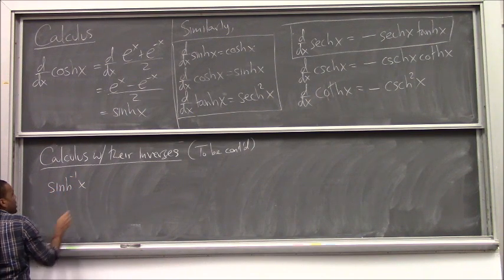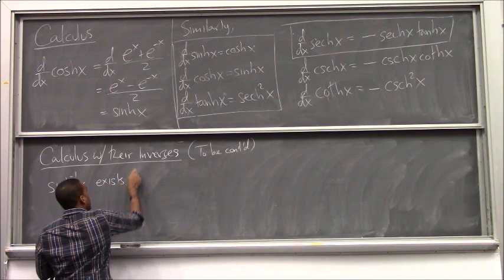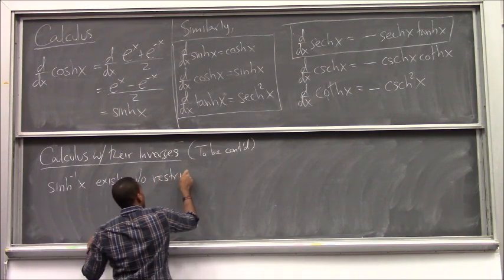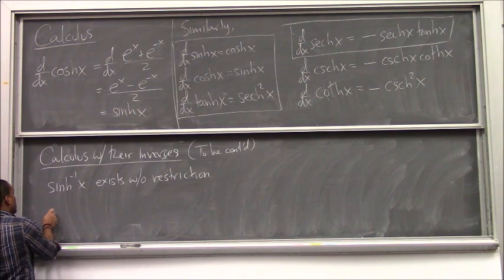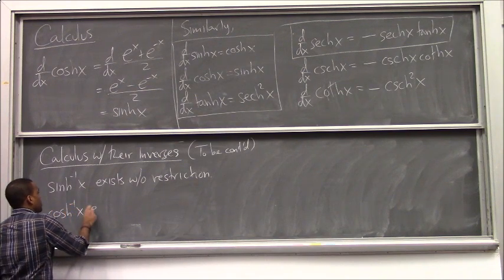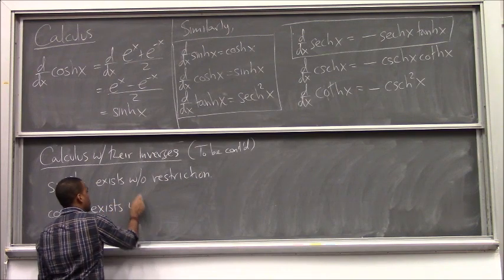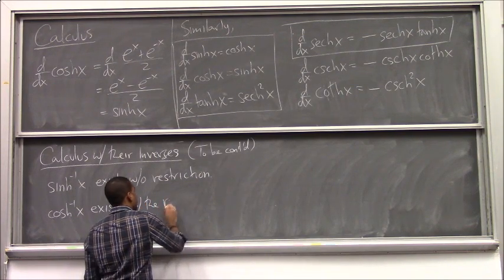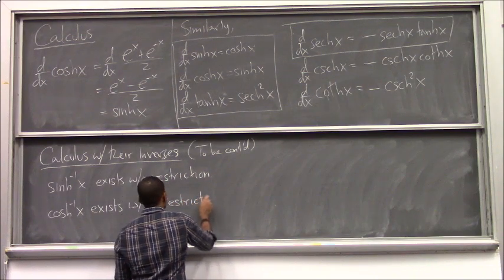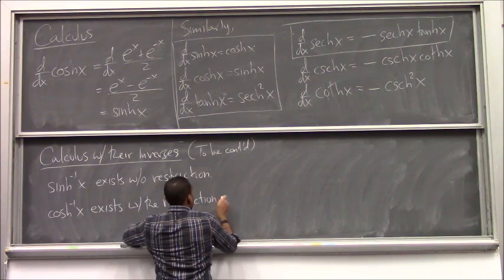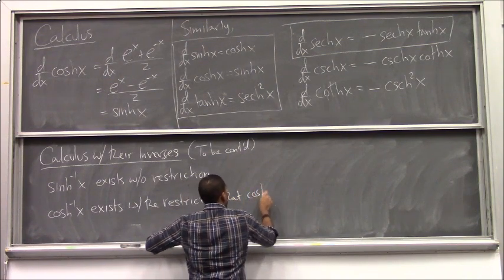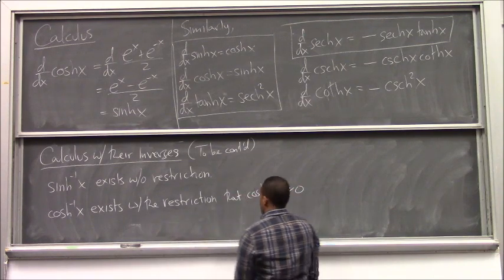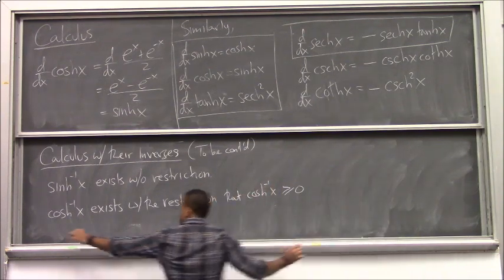Sinh inverse x exists without restriction because it is a one-to-one and onto function, so the domain and range is all real numbers here. Cosh though, we just take the positive side.